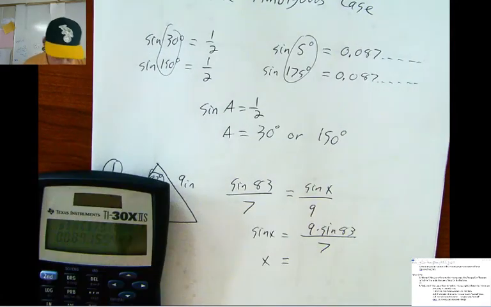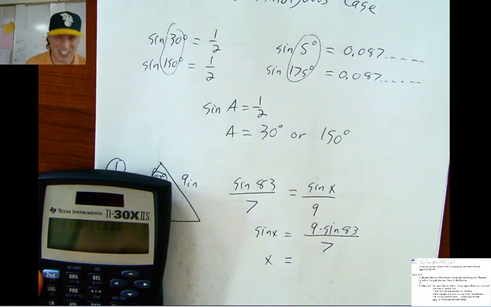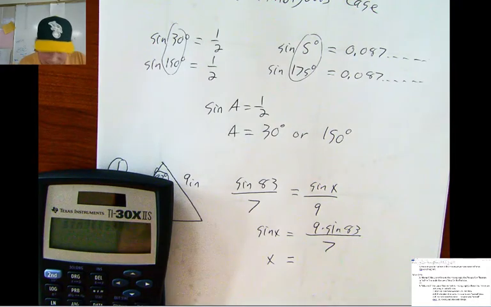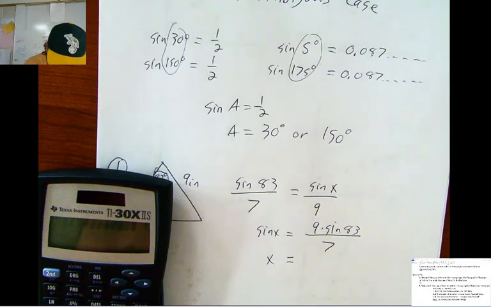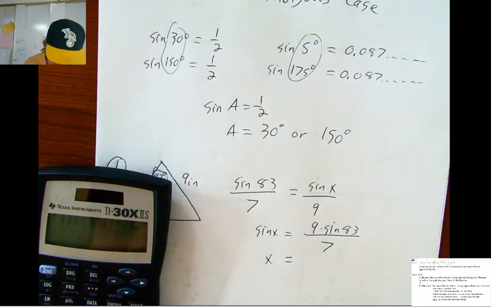And when you put this into your calculator, sine inverse of 9 times sine 83, close numerator, divide by 7, hit enter.